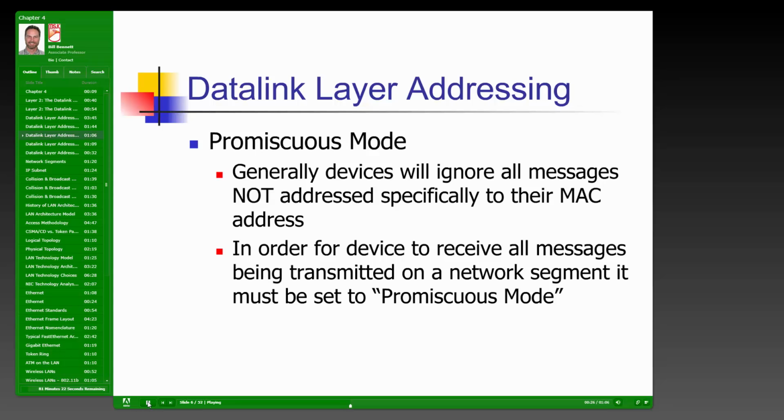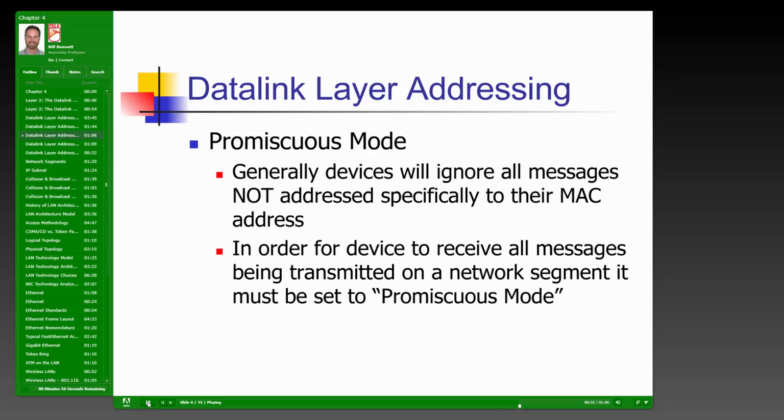So generally speaking, most network interfaces will not process messages that are not addressed specifically for their MAC address, although in the case of broadcast, as we talked about earlier, with all Fs as the destination address, then they will process that as well. But if it's not specifically addressed to them or broadcast addressed, they're not going to process the message.